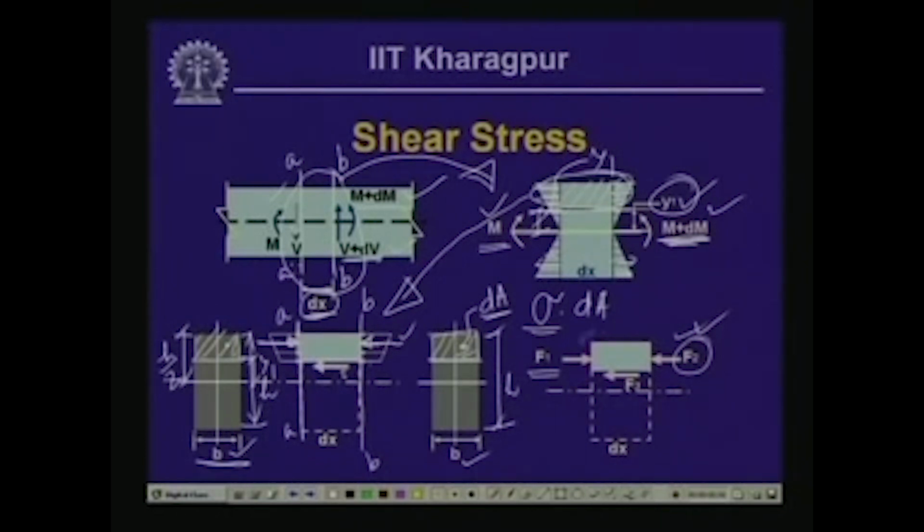So in this particular element we have force F1, we have force F2, and we have force F3. If we take the equilibrium of these forces in the horizontal direction, we have F1 minus F2 minus F3 equals 0. Now let us look into how we calculate these F1, F2 and F3.